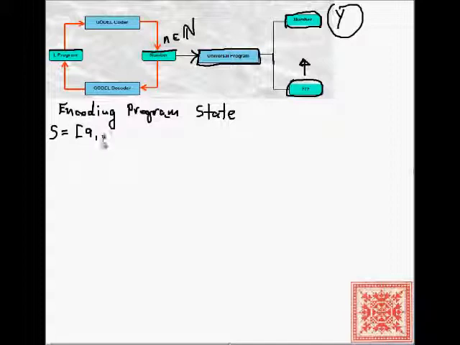Okay, so let's generalize this example. Suppose that our state is a Godel number, A1, A2, through A sub n. So A1 encodes the value of y.